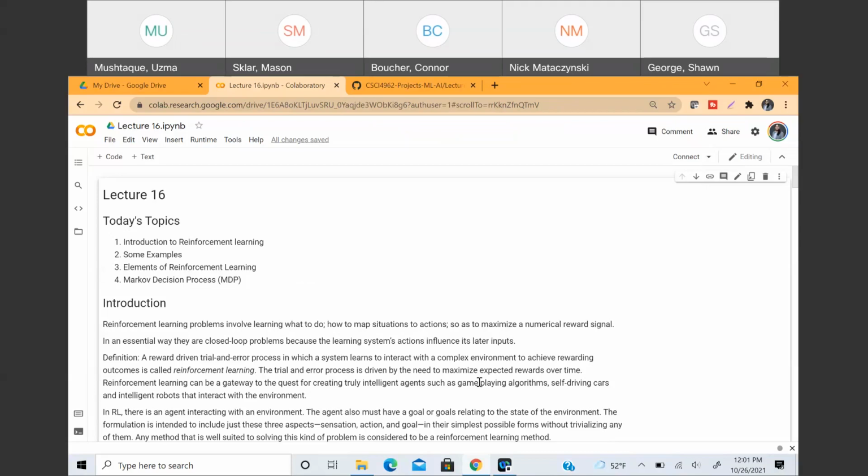We are not looking for any particular pattern given some data set, but rather we are trying to optimize something here. So that's the high level idea of reinforcement learning. What we are doing is trying to map some situations to some actions so that we can maximize some quantity. And in almost all of the cases, we are trying to maximize a reward.